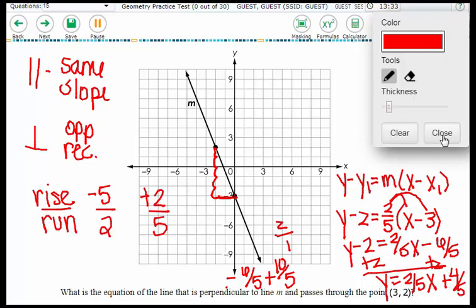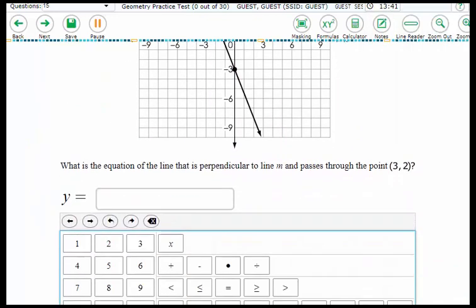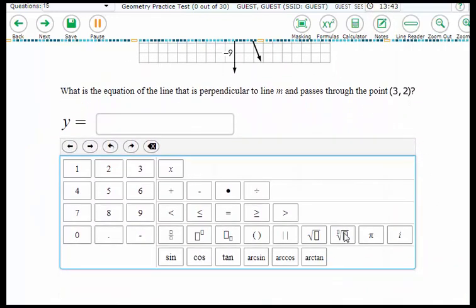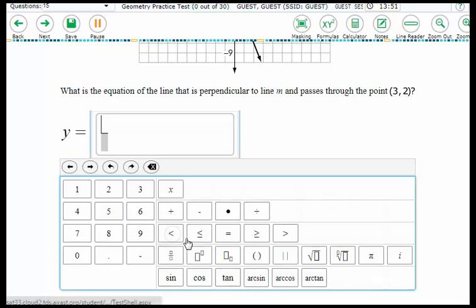You could use the calculator in order to double check that this is what you would get if you simplify it. When you put it in here, I didn't have it written down separately, but you would go ahead and use these fractions. So we had 2/5. You need to go back, click down here to put the 5 in here.